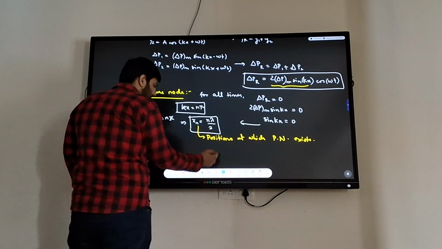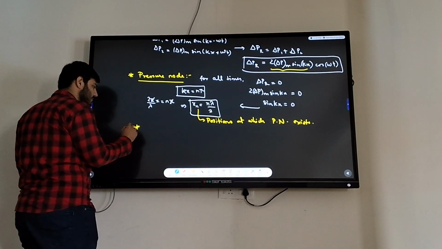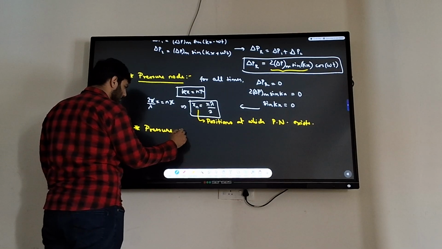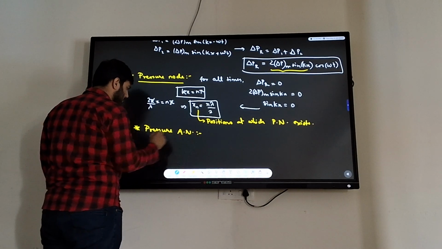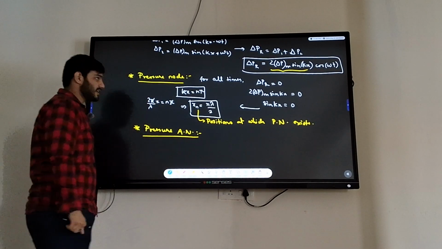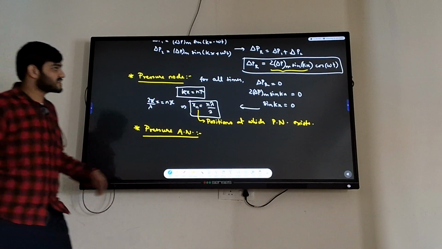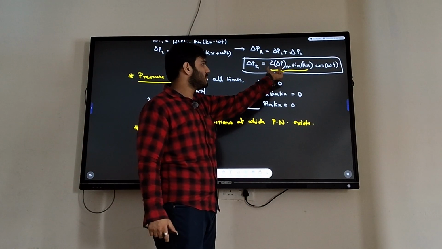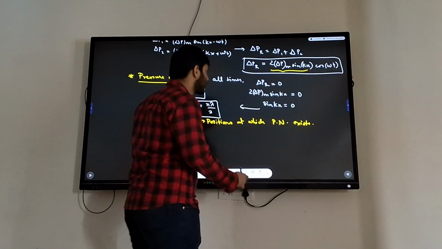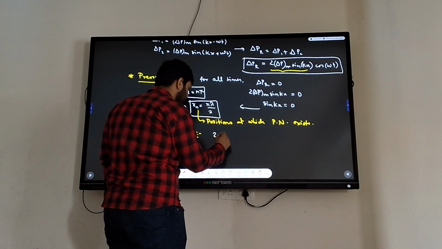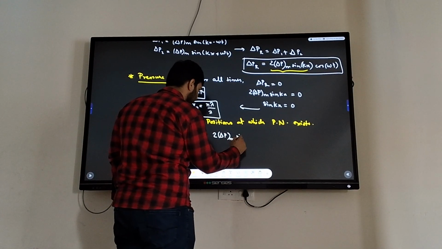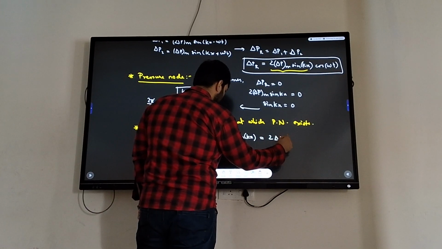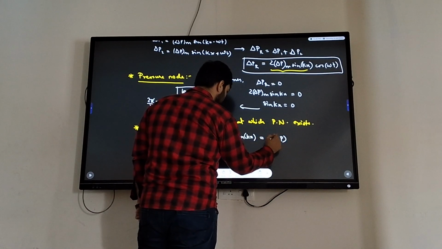What will be a pressure antinode then? Tell me, in a pressure antinode this thing will be a maximum, and what is its maximum value? This value. So 2 delta Pm sine kx should be equal to 2 delta Pm for all times.